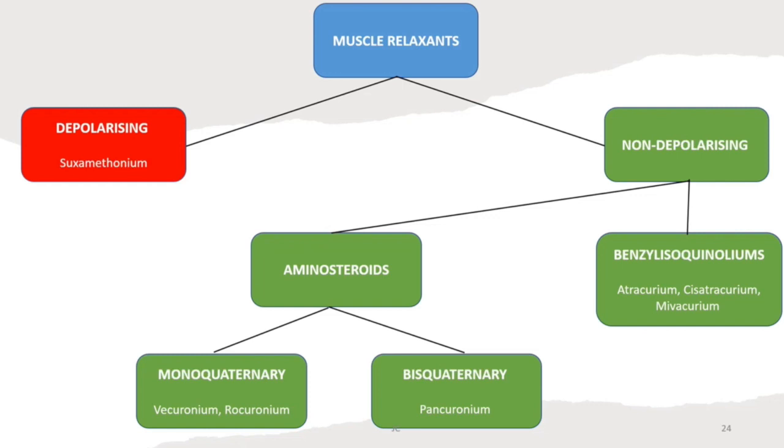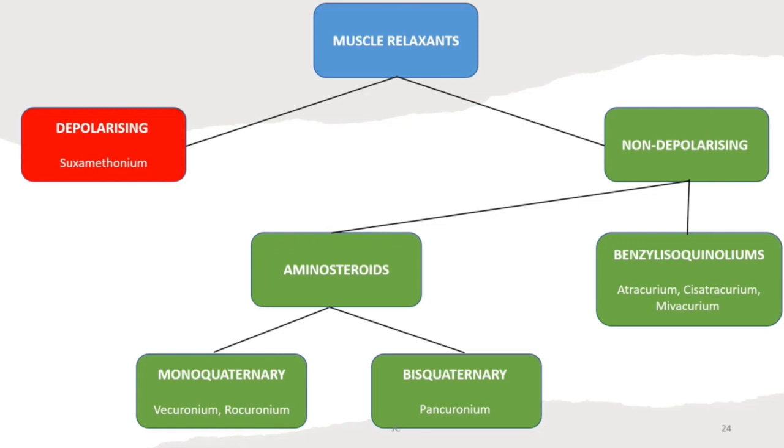So your depolarizing drugs, fortunately enough, the only one in clinical practice is SUXAMETHONIUM, which makes it easier for us. We only have to learn one. And these act as agonists at the acetylcholine receptor. The non-depolarizing drugs act as antagonists, and they have no intrinsic activity.